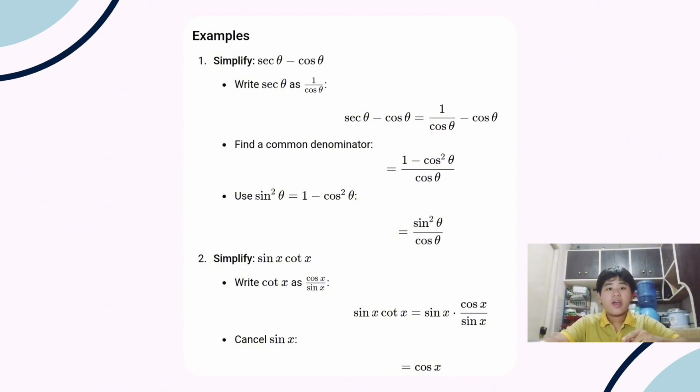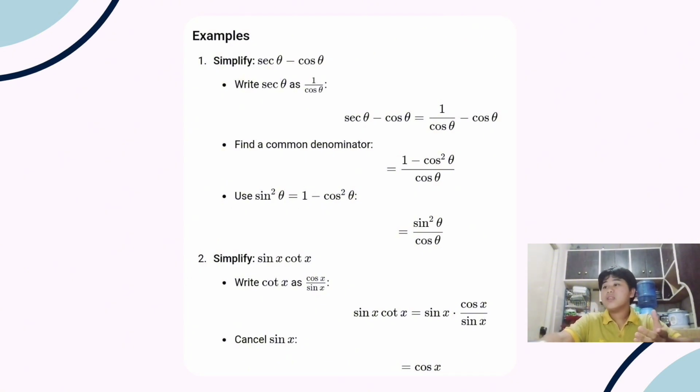Earlier I stated that in order for us to easily simplify expressions, we use techniques. One of those techniques is converting tangent or secant into sine or cosine. So here in this problem, secant is being converted into 1 over cosine. So it will now be 1 over cosine theta minus cosine theta.